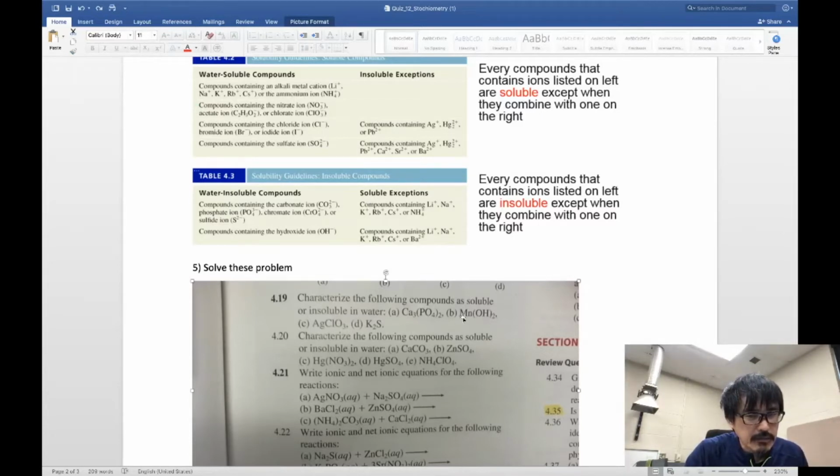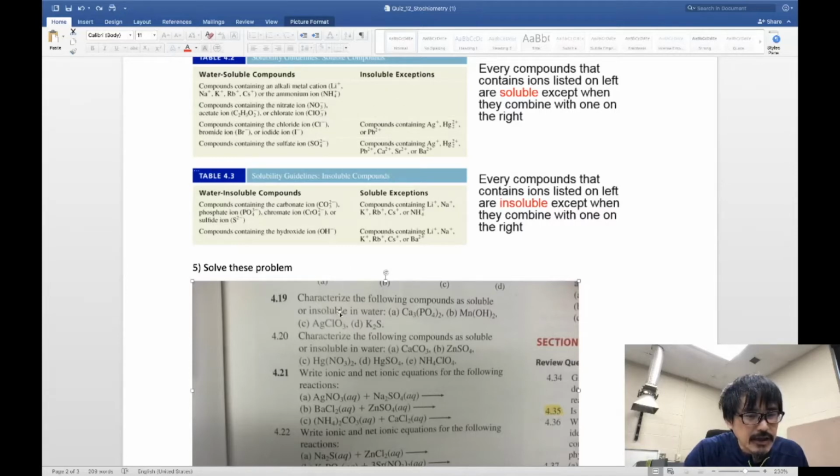What about MnOH? I see OH here, I don't see Mn in here, so that means that MnOH is water insoluble, okay? It's going to be solid. AgClO3 right here, anything that paired up with ClO3 minus is going to be water soluble, no exceptions.